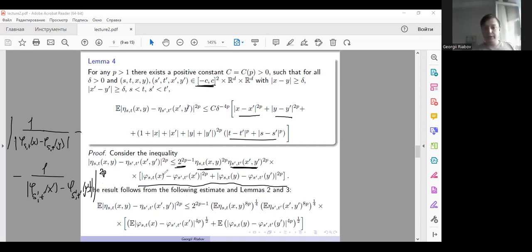Now we can take expectation and use the Hölder inequality to separate the expectation of eta_stxy, the expectation of eta_s't'x'y', and the expectation of the increment of phi between x and x prime. Now we know how to estimate all these quantities because of the previous lemma, so I will write the answer.